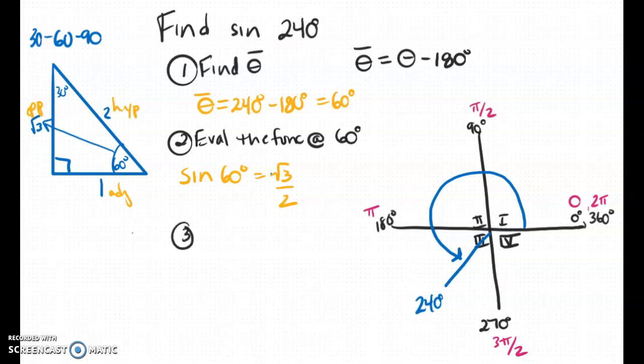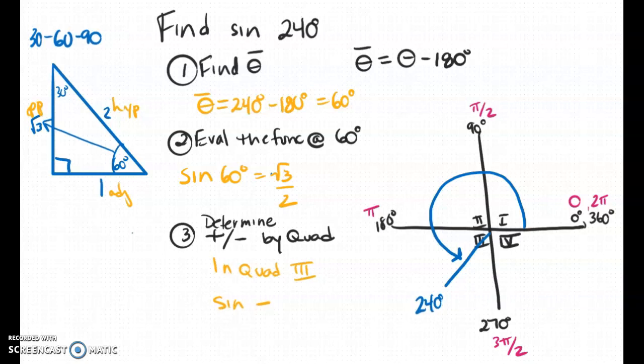But I need to know, is it positive or negative? You're going to determine if it's positive or negative by the quadrant. And this is in quadrant 3, and in quadrant 3, sine is negative.